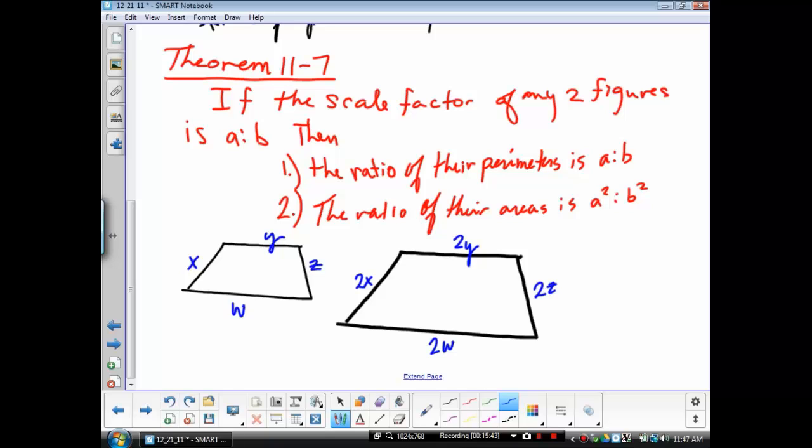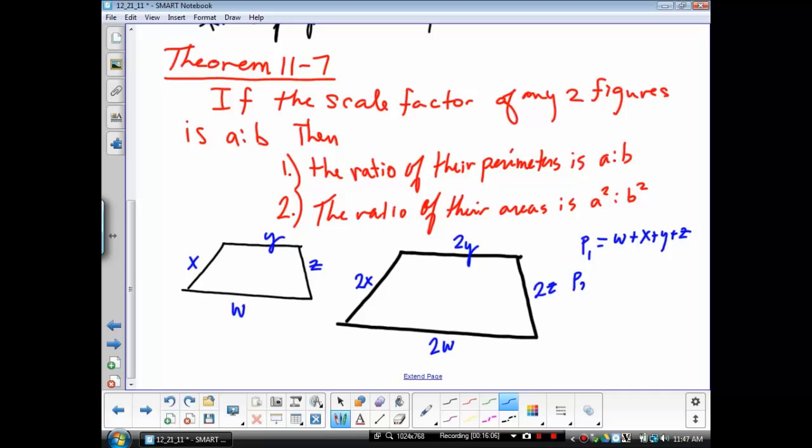Let's find the perimeter of these two figures. The perimeter of the first figure, can't even spell perimeter. So perimeter 1 is going to be x plus y plus z plus w, or w plus x plus y plus z.